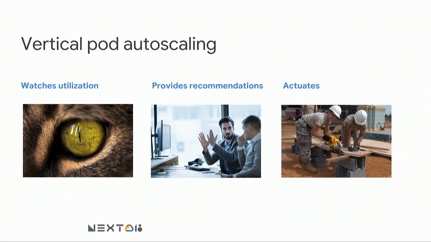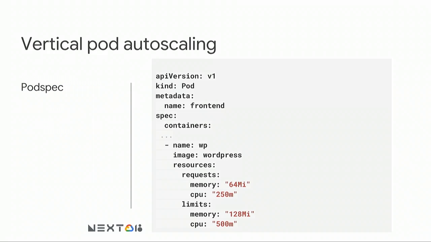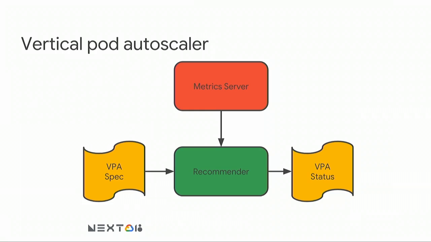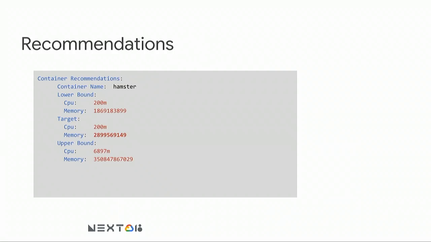You can, in fact, actuate, right? But at minimum, this was your pod spec. Well, assume for a while that you actually put a request for memory and CPU. And it was wrong, right, for some reason. So what vertical pod autoscaler is doing is consulting metrics server. It looks at the piece on the left, which is your spec, and on the right, it's outputting a very simple recommendation.